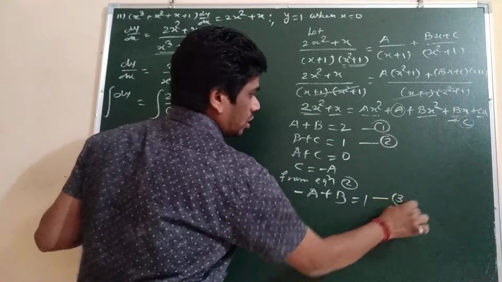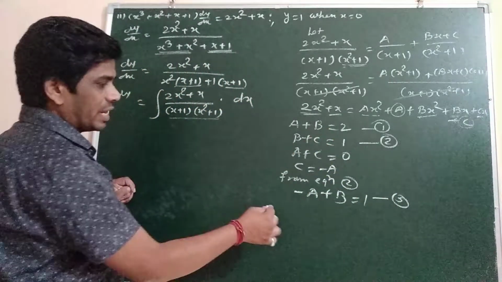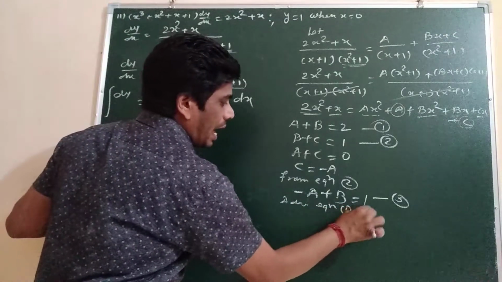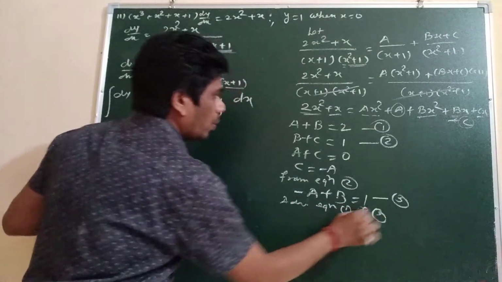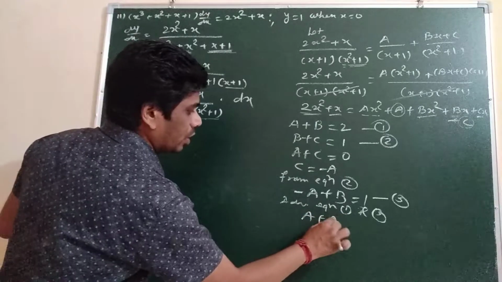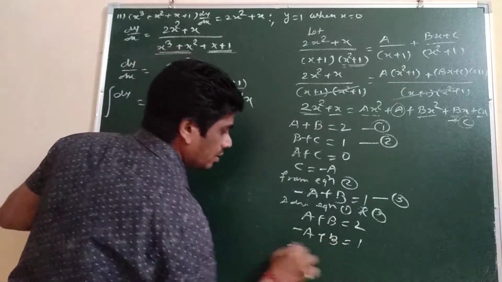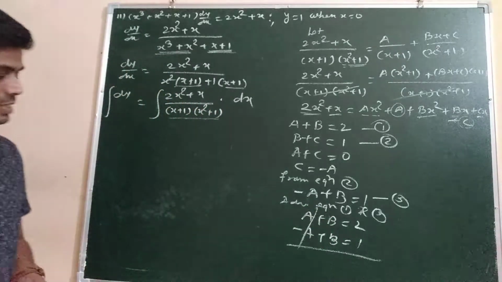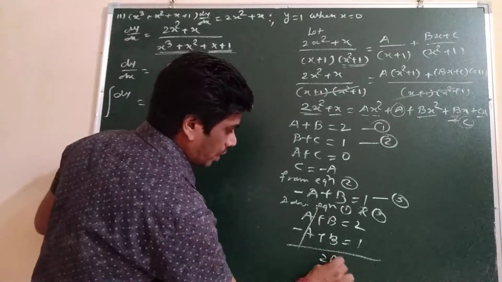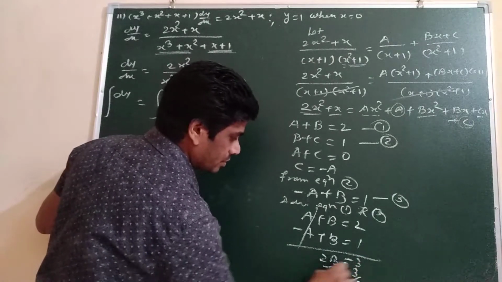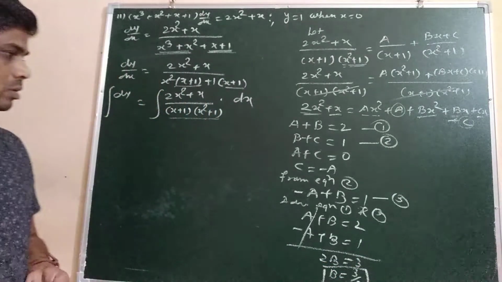This is equation 3. Adding equations 1 and 3, we get A plus b equals 2 and minus A plus b equals 1. Minus A plus A cancels. It will be 2b equals 3, so b equals 3 by 2.